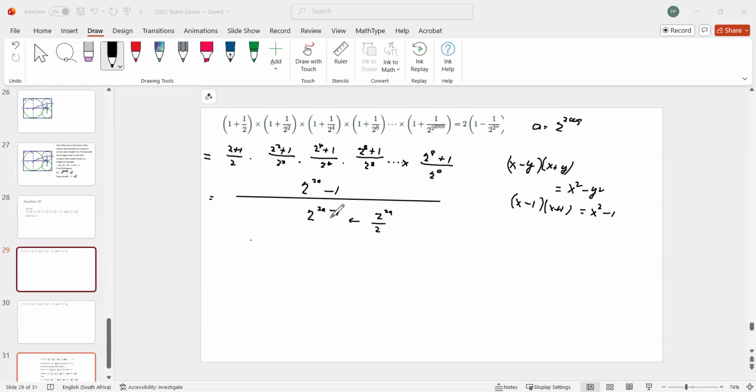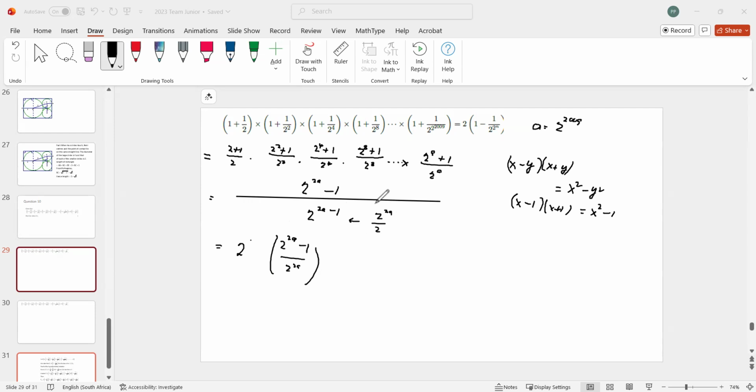So the denominator, I've got 2a over 2. If I take the 2 at the bottom and bring it to the top, the thing changes. But now you have 2 to the power of 2a minus 1 over 2 to the 2a.